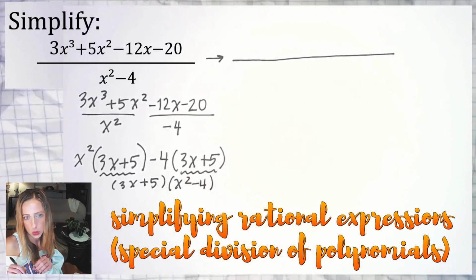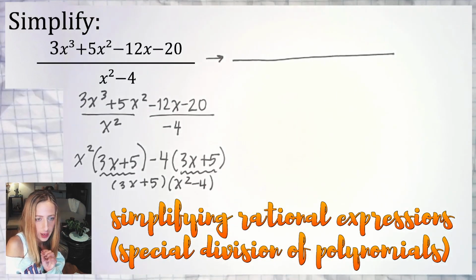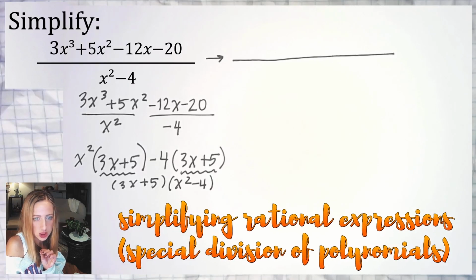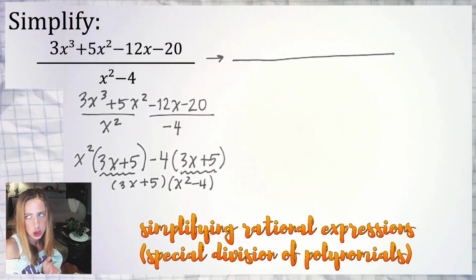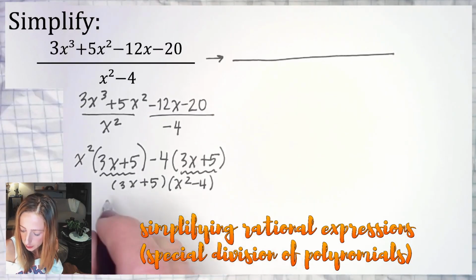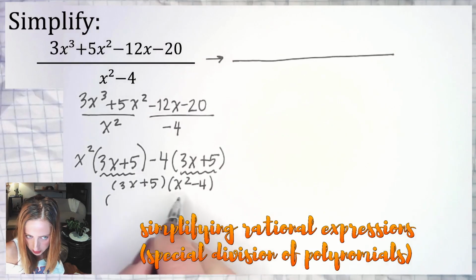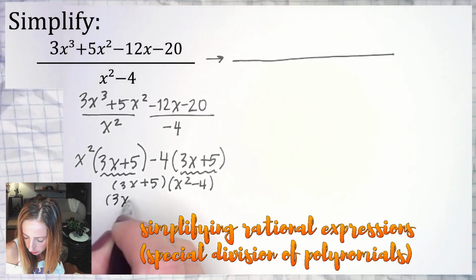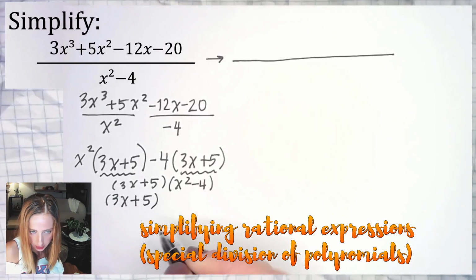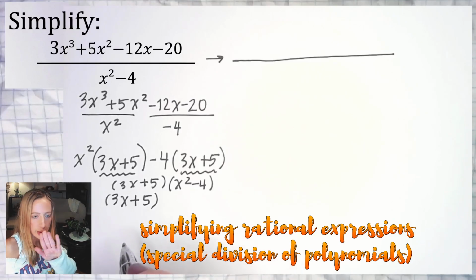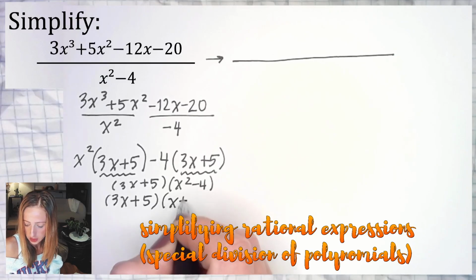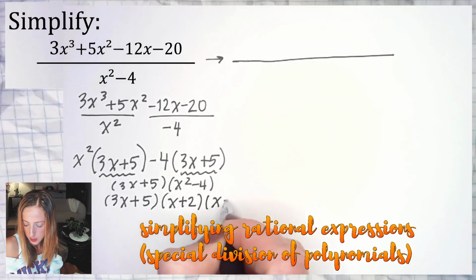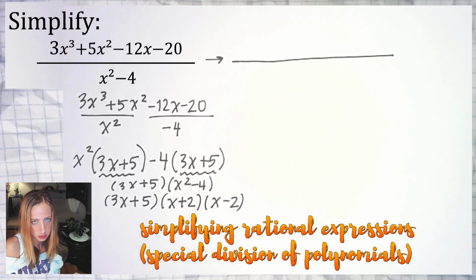Now, we want to make sure that we don't just stop there because it's going to mess up your restrictions if you don't factor that difference of two squares. Some people will still write down the right restrictions. A lot of people are going to mess up. So when you factor this, another thing I notice people do is they totally disregard the other factor and it's gone. No, 3x plus 5 is still there. X squared minus 4 will factor into x plus 2, x minus 2, these conjugates right over there.